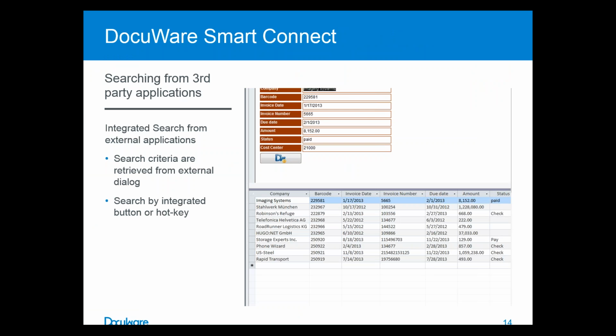So perhaps you work in an accounting system and you need to review an invoice, but the invoice isn't available to you from that accounting system, but it's stored in DocuWare. We make it very easy with our SmartConnect to simply use a button to hit and retrieve that image, or we could use hotkeys as well. We could configure hotkeys within this application to retrieve.